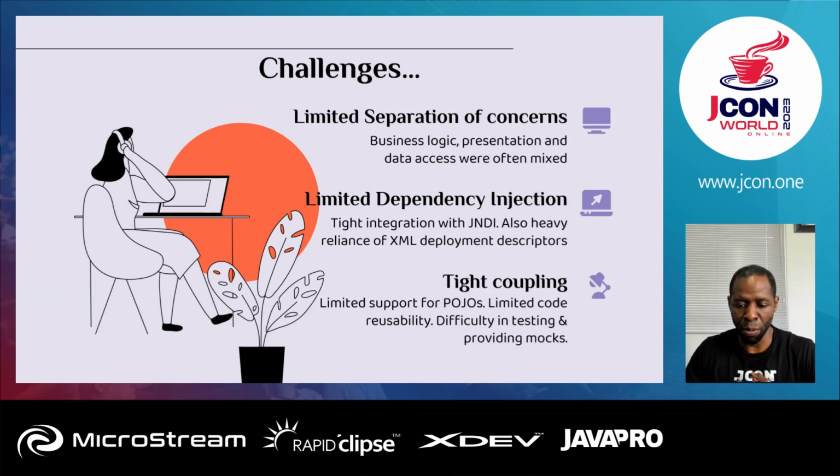Your descriptors had to be well defined, otherwise your EJBs would not be identified, and you would be stuck wondering why your EJBs were not even picked up. POJOs were difficult because, like I said, to get your data, it had to be linked to your entity bean. So you could not create simple POJOs to just get data for your business logic, and also to create a domain entity to persist to your data store.